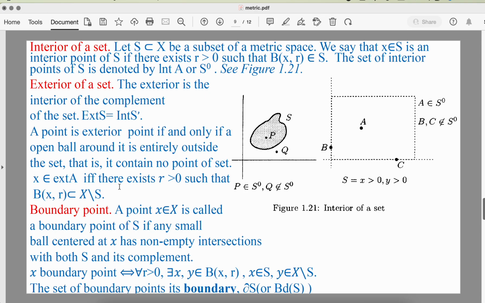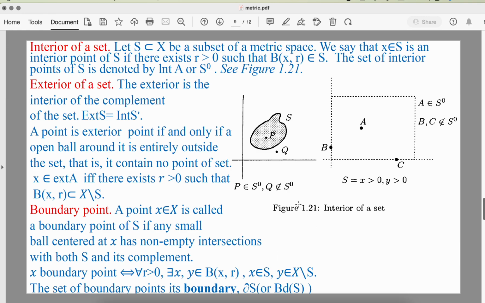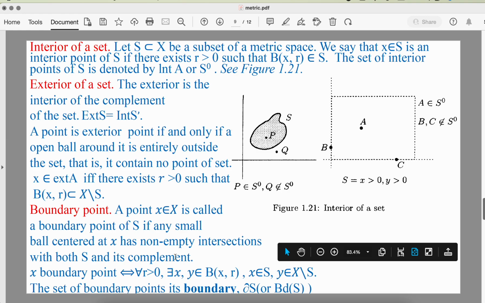Now boundary point. A point X belonging to X is called a boundary point of S if every small ball centered at X has non-empty intersection with both S and its complement.